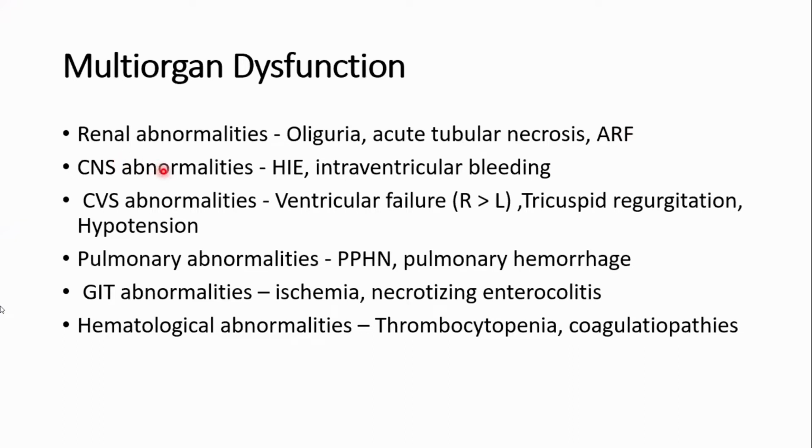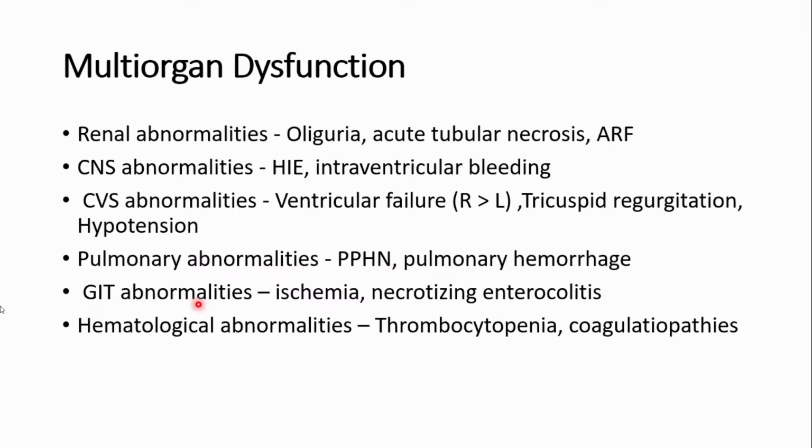And CNS, we have already talked about HIE, and sometimes the baby can also develop intraventricular bleeding. In cardiovascular abnormality, if the heart is receiving less amount of blood, then there will be ventricular failure, right heart failure and left heart failure. The baby will develop tricuspid regurgitation and hypotension and shock. Okay, and in case of lungs, the baby will develop persistent pulmonary hypertension and pulmonary hemorrhage.